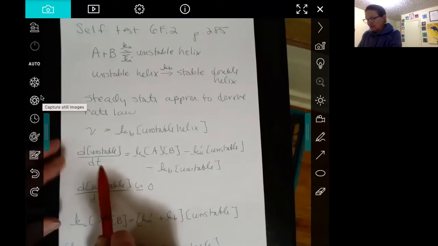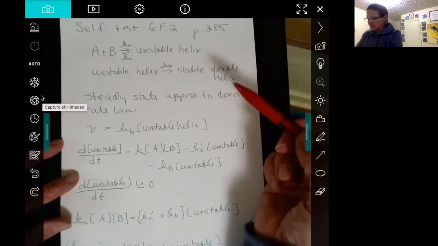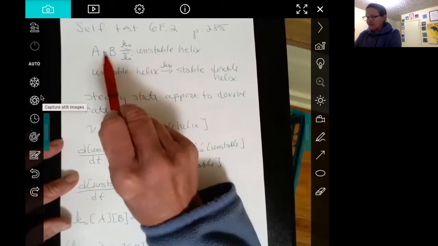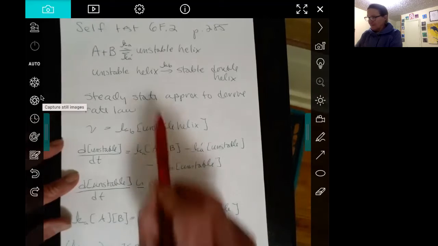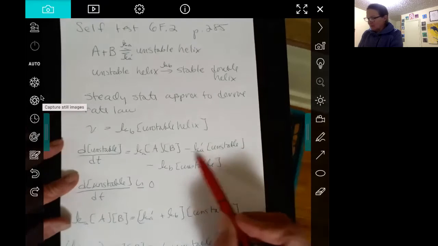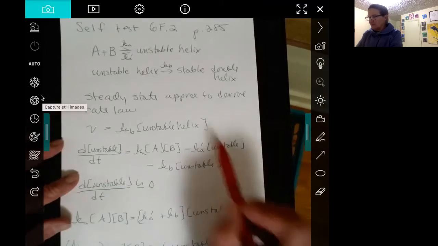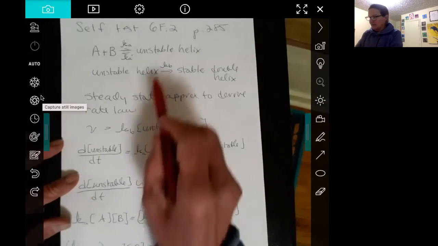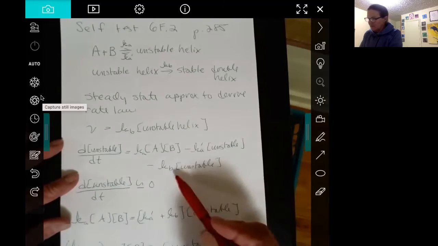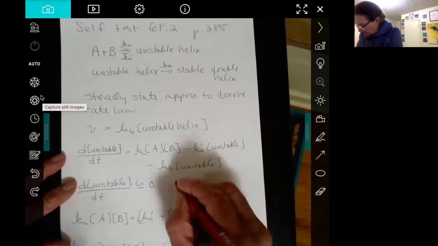And then we're going to write every place that the unstable helix changes concentration. So it's created in the step where A and B react, so Ka times AB. Reaction goes backwards, it's destroyed, so it goes down, negative Ka prime times the unstable helix. And then it also goes down in the second step, which I've given a Kb times the concentration of the unstable helix.